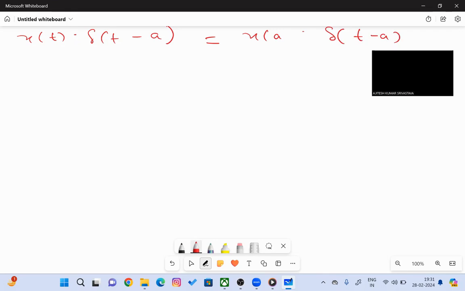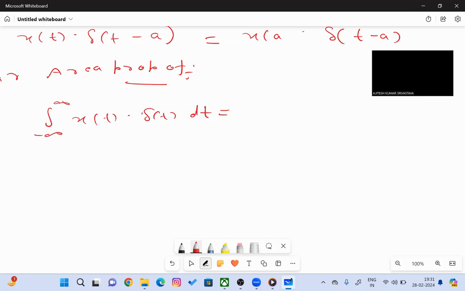Next property is the area property of the delta function. We discuss the integral from minus infinity to infinity of x of t times delta t dt.